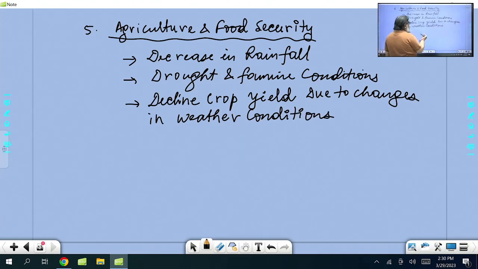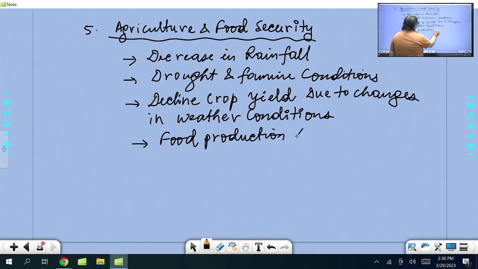So decline in food, so global food crisis, right? Resulting into food crisis, food production decline, causing crisis there.